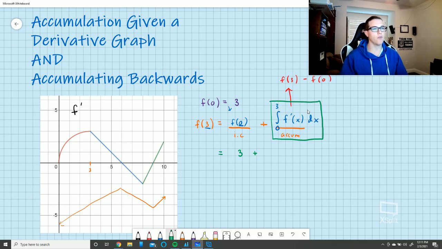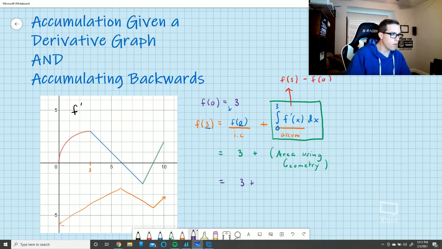Next class, I will really stress the ways to get this. But when I'm given a graph, in this case, you're going to have to find the area using geometry of some type. Oftentimes there will be a semicircle, so you need to know the formula to find the area of a semicircle or quarter circle. So in this case, it is 3 plus.